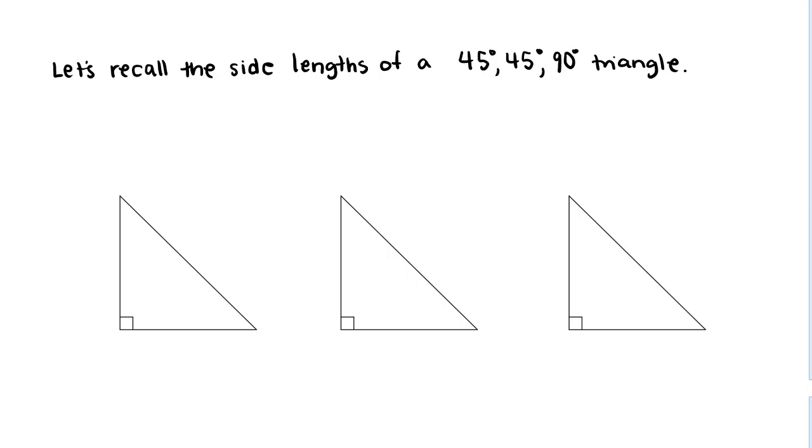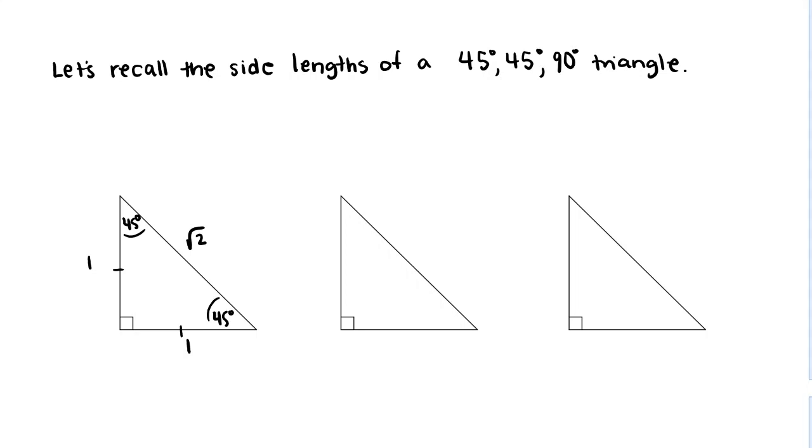And so here, when we took a look at a 45, 45, 90 triangle, the first one we looked at had leg lengths of 1. Right? They're isosceles triangles. They have the same angles here and the same side lengths here. We notice that the hypotenuse, if we perform the Pythagorean theorem, we get the square root of 2.